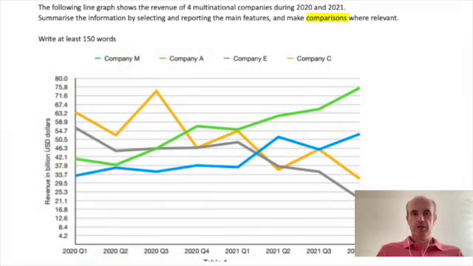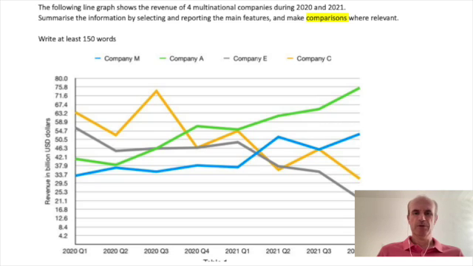The first thing that I would mention is the point where the line begins. Now take a look at the yellow line, company C. It begins here around $63 billion. The number is not exact, and this is also an important element because we do not have exact information, and that's why in many cases you want to say it began approximately at 3 billion, or it is around 5 million, or it's around 3 megatons.